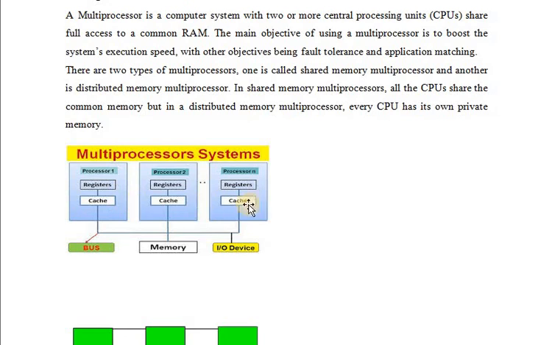See here, 1, 2, 3, they share the common memory, input output device and the bus. So a multiprocessor system means more than one CPU sharing a common memory, input output device and the bus. Okay, so the main objective is to boost the system's execution speed.